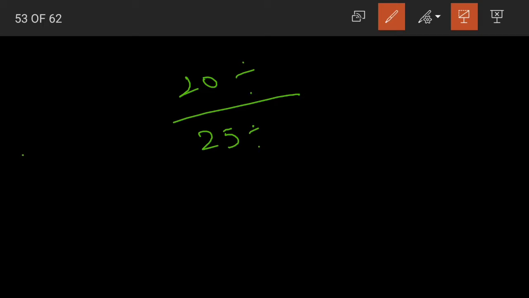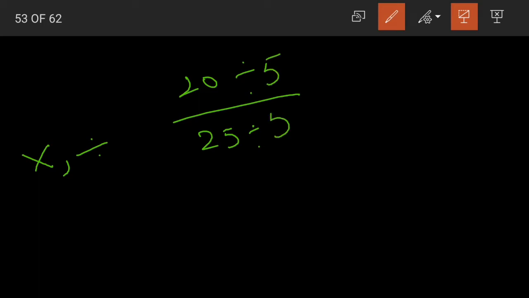Yes children, if you remember from equivalent fractions, we can find out the equivalent fractions by multiplying and also by dividing the numerator and denominator by the same number. Now here we have 20 divided by 25. What should we divide it with?